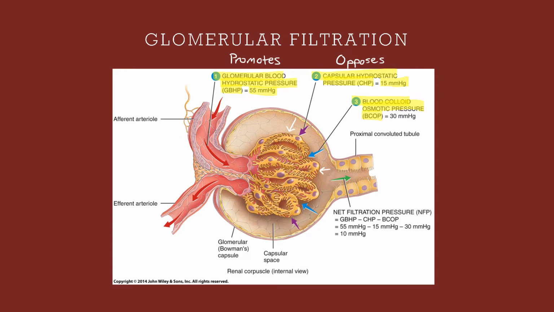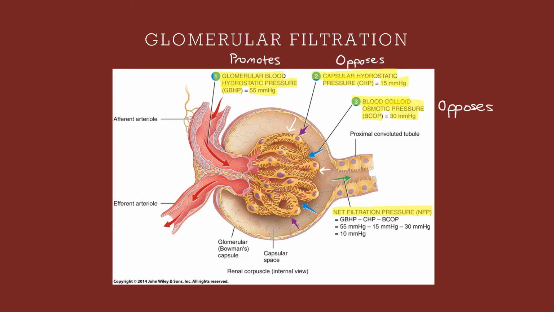This pressure also opposes filtration. The average BCOP in glomerular capillaries is about 30 millimeters of mercury. If we add those all together, we get the net filtration pressure.